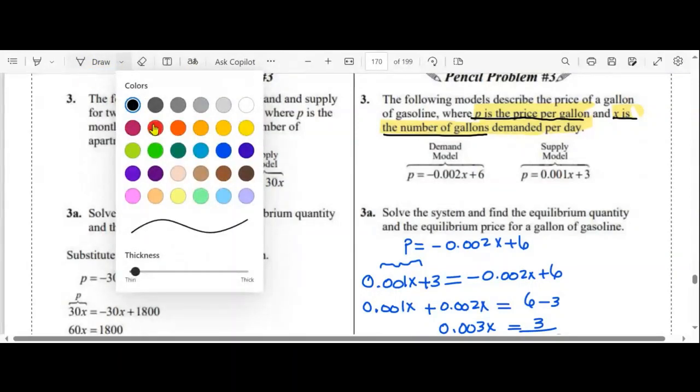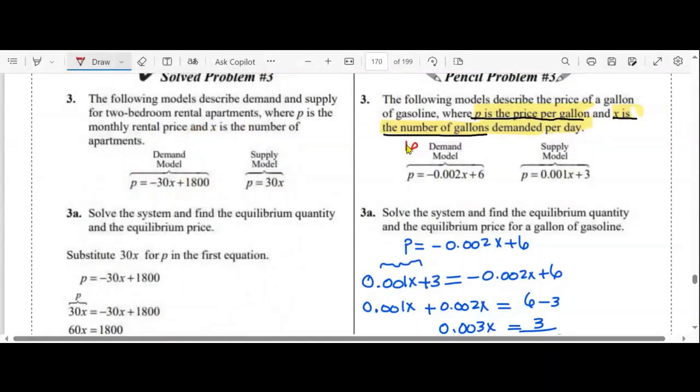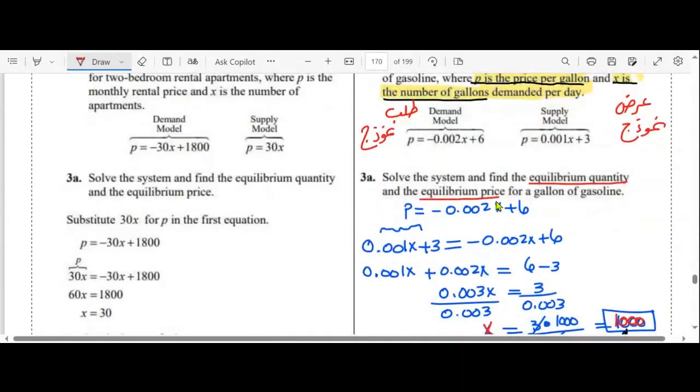Okay, so what does model mean? Like a formula. Yes. So to solve the system and find the equilibrium quantity and the equilibrium price for a gallon of gasoline, we have to solve those equations, right?